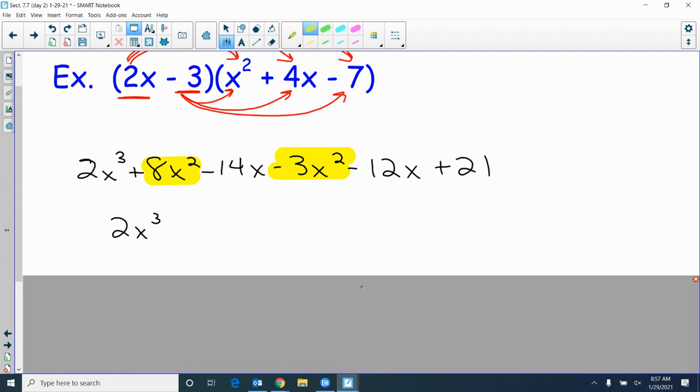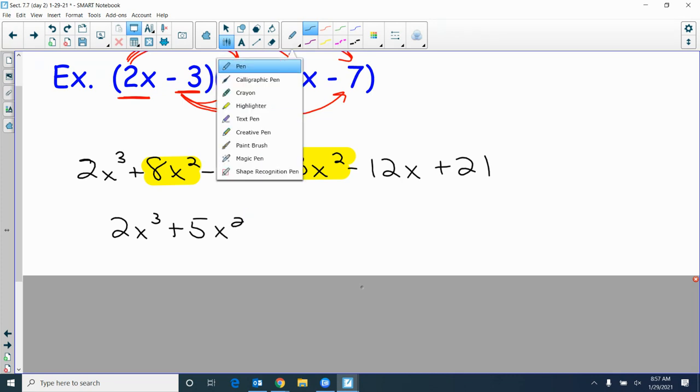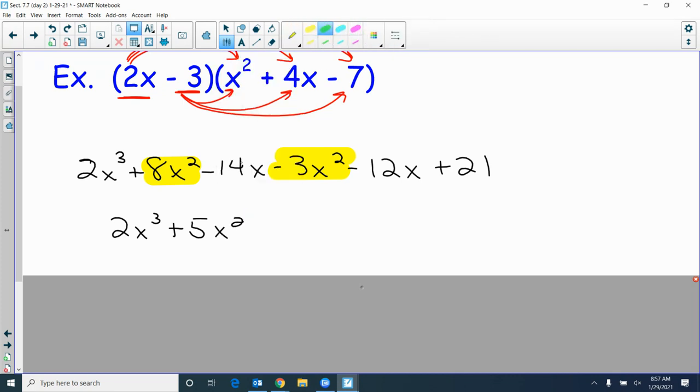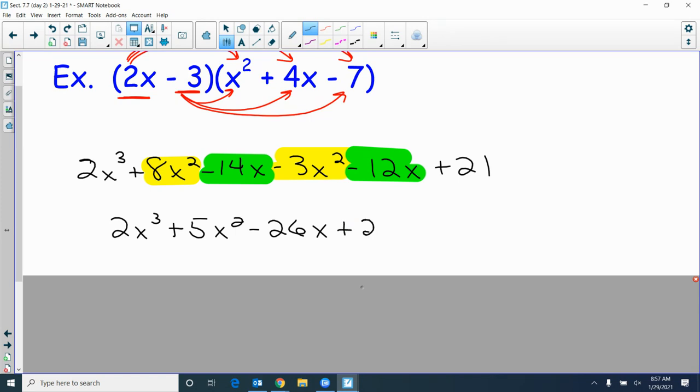That is 5x squared. Positive 5x squared. Make sure you put the sign with it. Plus 5x squared. And now you take a look at -14x and -12x. That gives you minus 26x. And then the poor 21 doesn't have any friends. He's all by himself, so he can't add or subtract with anybody. So plus 21.